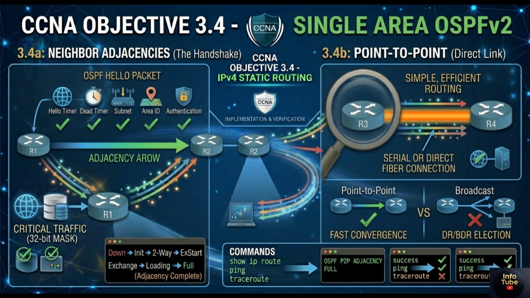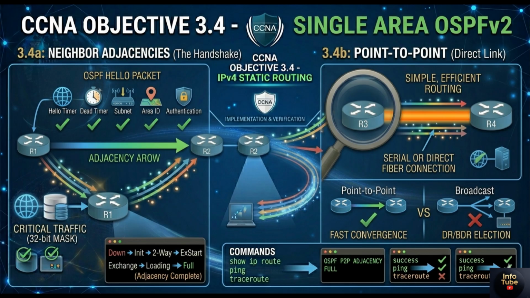3.4a, Neighbor Adjacencies, the handshake. Before OSPF routers share any routing information, they must become friends or neighbors. This happens through a very specific handshake process using hello packets. For an adjacency to form, several things must match exactly. Area ID.